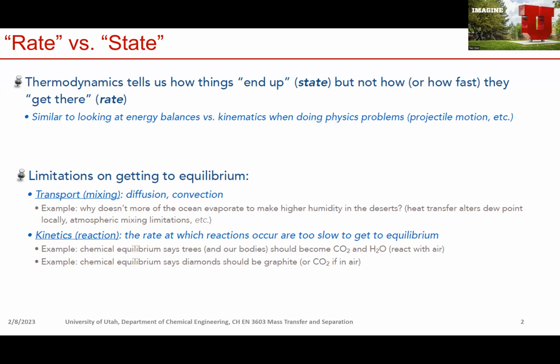That's because the reactions in our body, our metabolism of glucose or other organic molecules, are controlled by enzymes and by our body function, right? But after an animal dies, over time, the body will decay and eventually become CO2 and water.